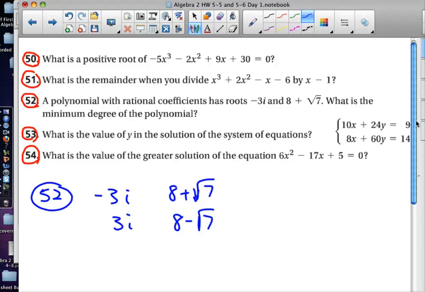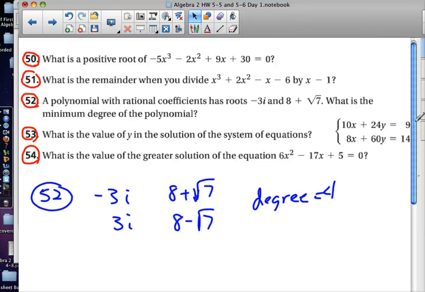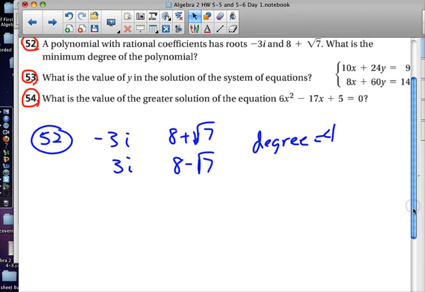So we can't have this 8 plus the square root of 7 hanging out as one of our zeros unless 8 minus the square root of 7 is there to use as a conjugate to get us back into our normal integer coefficients. So that would mean a degree 4 polynomial would be the minimum degree for this one. So positives and negatives always come together when you're using imaginaries and radicals.